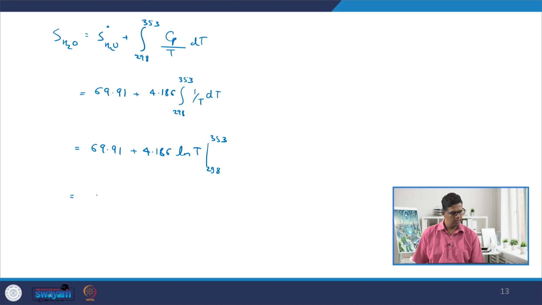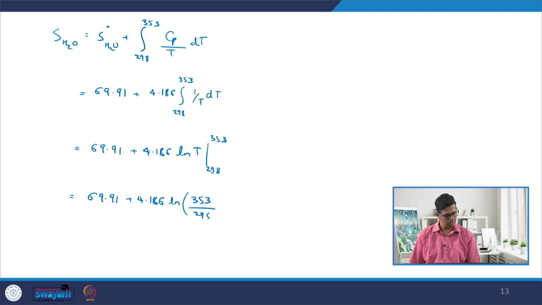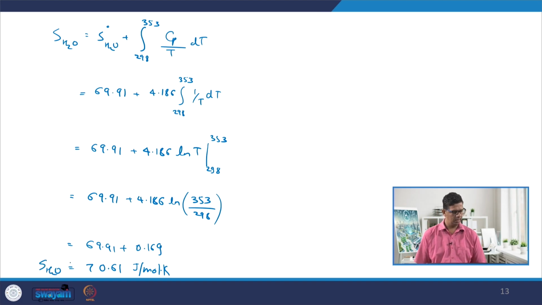So this is 69.91 plus 4.186 ln of 353 by 298. So that comes close to 69.91 plus 0.169. So that is 70.61 joules per mole per Kelvin. So this is my entropy of water at 80 degrees Celsius.